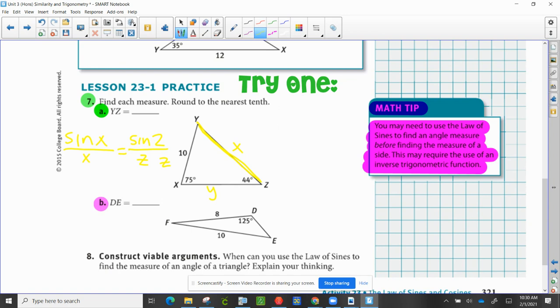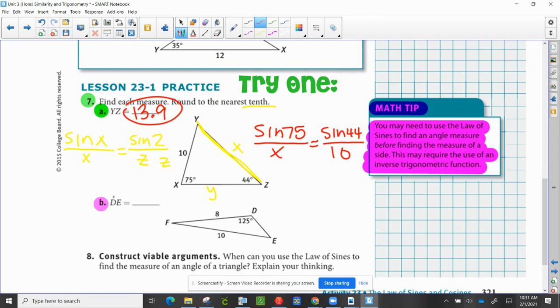Let's round to the nearest tenth. Okay, if you did it correctly, I got 13.9. So we'd have to take sine of 75 over x equal to the sine of 44 over 10. Cross multiply and do all the work in the calculator to get x.